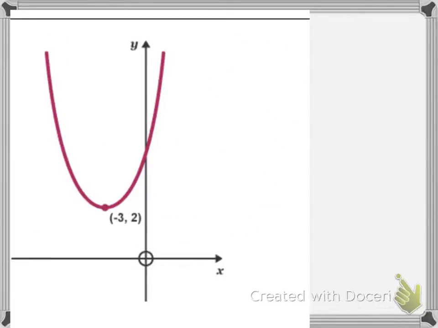If we look at this one, say, okay, I see my vertex. It's at the bottom, which is a minimum, because my parabola opened up, which meant A was positive. And then I say, how many solutions do I have? Well, my x-axis is down here. And I look and my parabola is not crossing my x-axis.